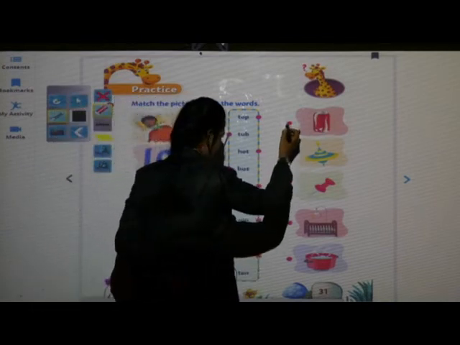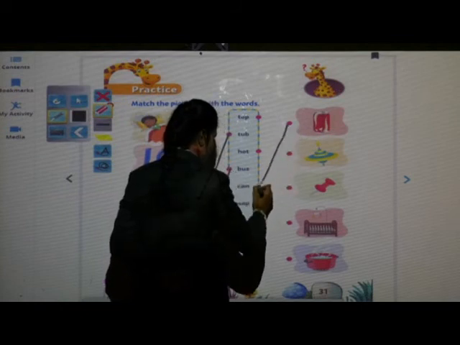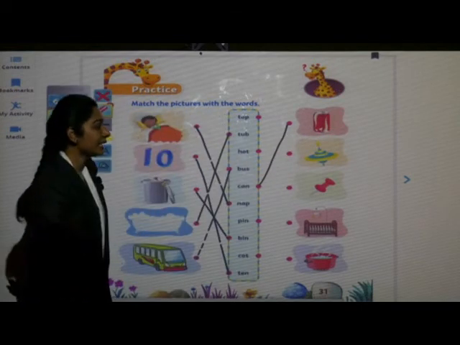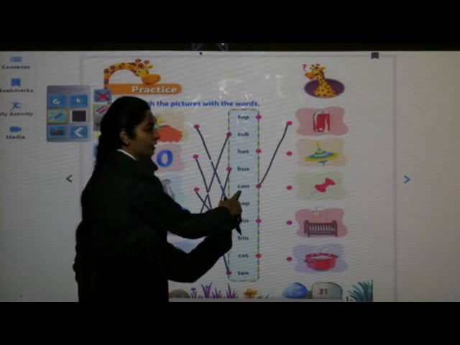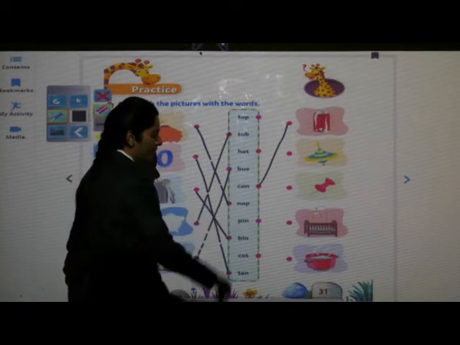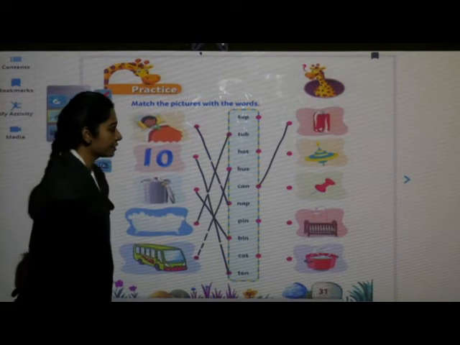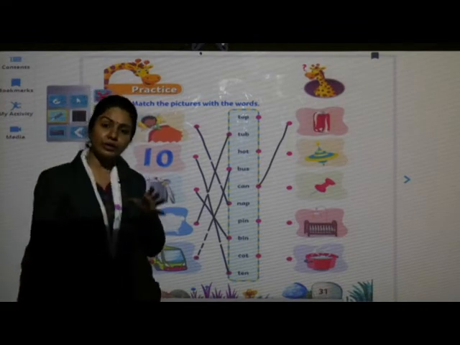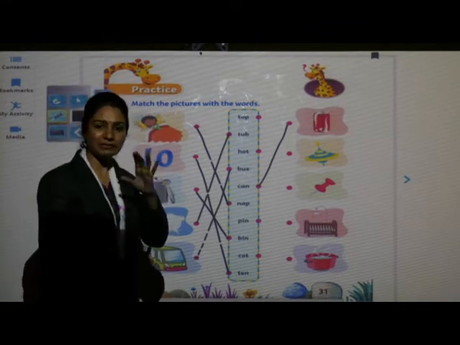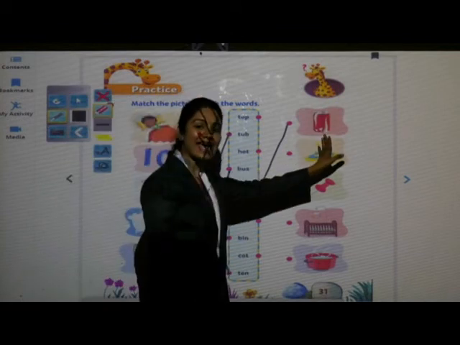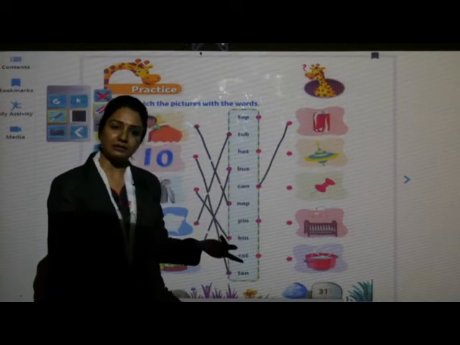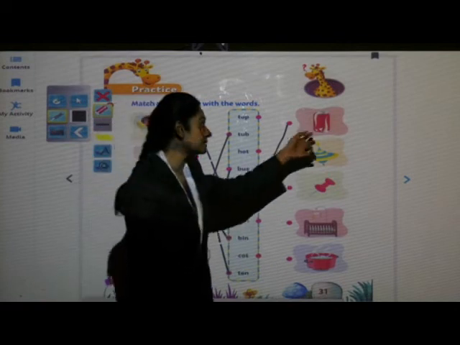So, match it from here to here. Say C-A-N can. Finish? Do you remember, the thing in which we drink Coca-Cola and Pepsi, that is called can. Tin means tiffin, that will be different, but this is can.